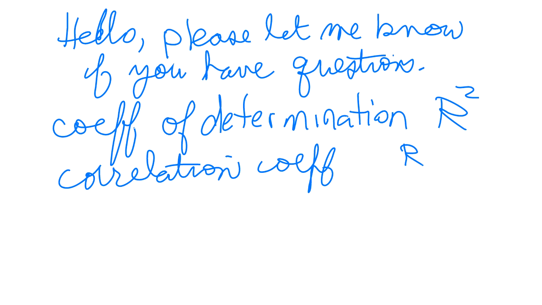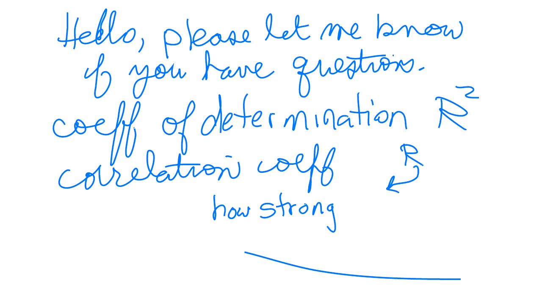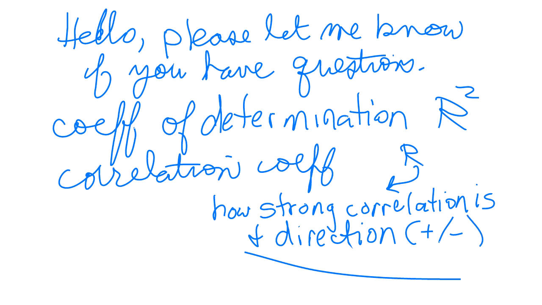Okay, yeah, that's fine. I understand about second guessing. I do it all the time. If you give me a problem in the homework, I can go over it, or if it's a concept, I can go over that too. If you just want to know the definition, R just tells you how strong the correlation is and the direction, plus or minus. Plus means increasing, minus is decreasing. And if you know R, then you just do R times R. That's R squared.